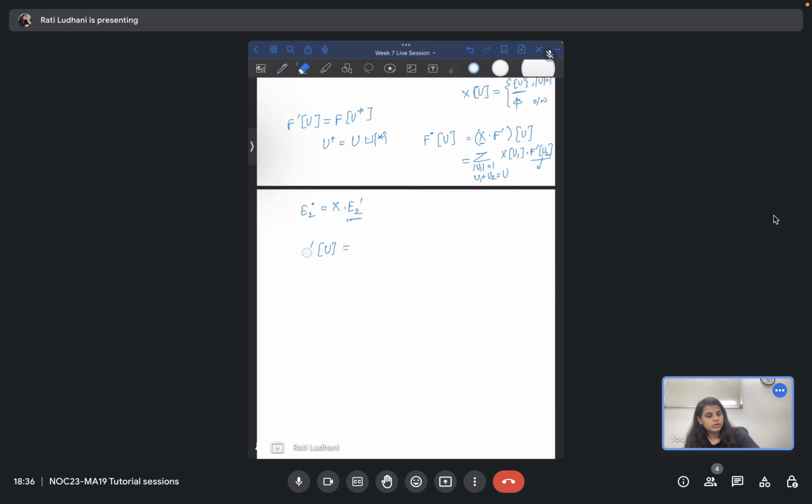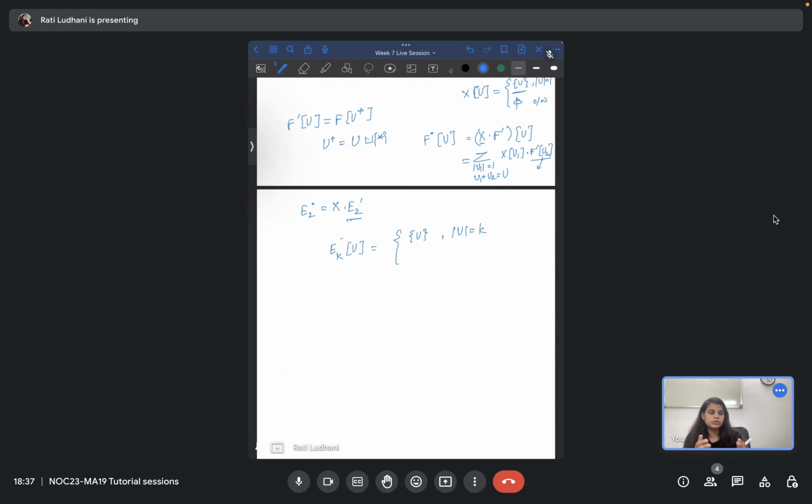Okay, one more thing. Can you tell me what is E2, or in general what is EK of U? EK is the set of U with cardinality of U equal to K. Yeah, set of U. That might confuse you.